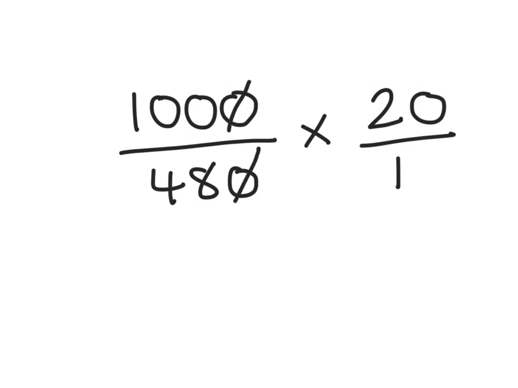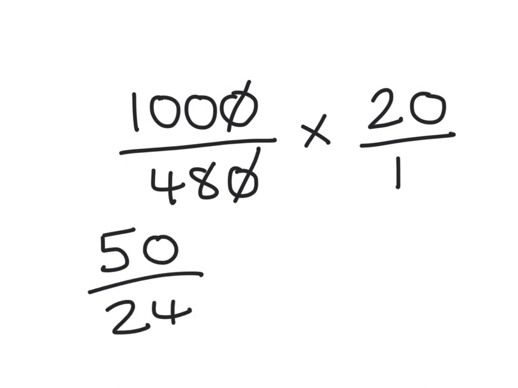In this instance, we can immediately divide by 10 by taking off the zeros, which gives us 100 over 48. We can then use common factors or highest common factors to cancel that down even further. 100 and 48 are both even numbers, so we could cancel that down to 50 over 24.